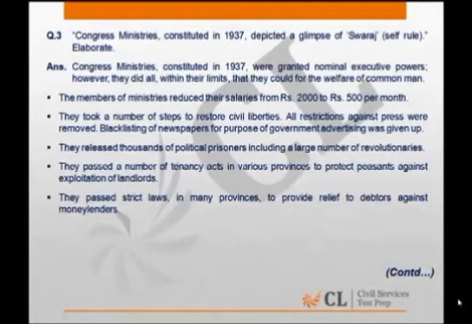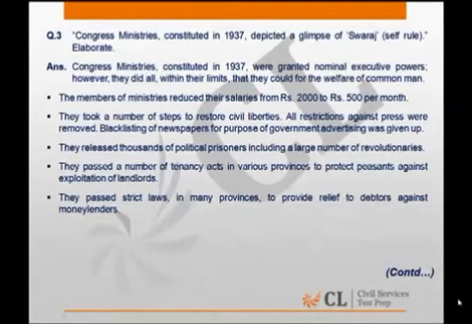For example, the members of the party in power showed some significant steps which sent a message to Indian people that they were seriously thinking about the welfare of Indian people.